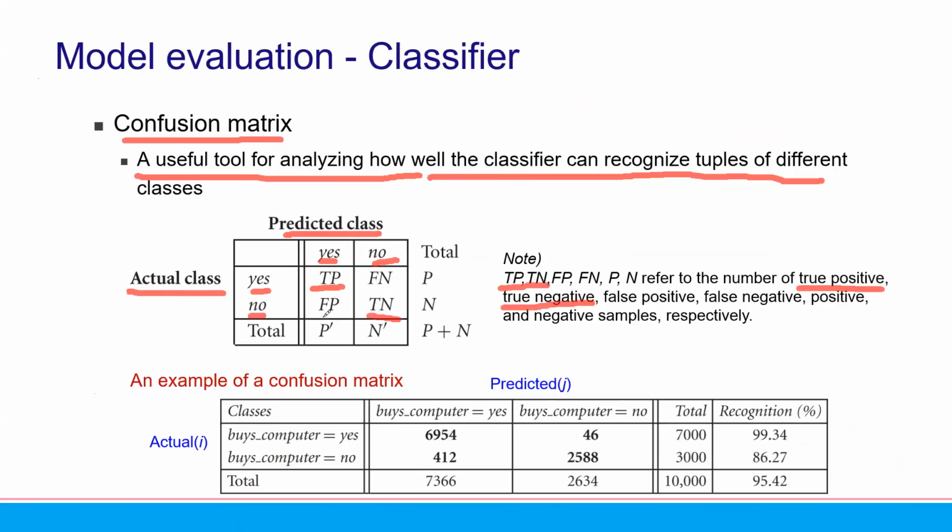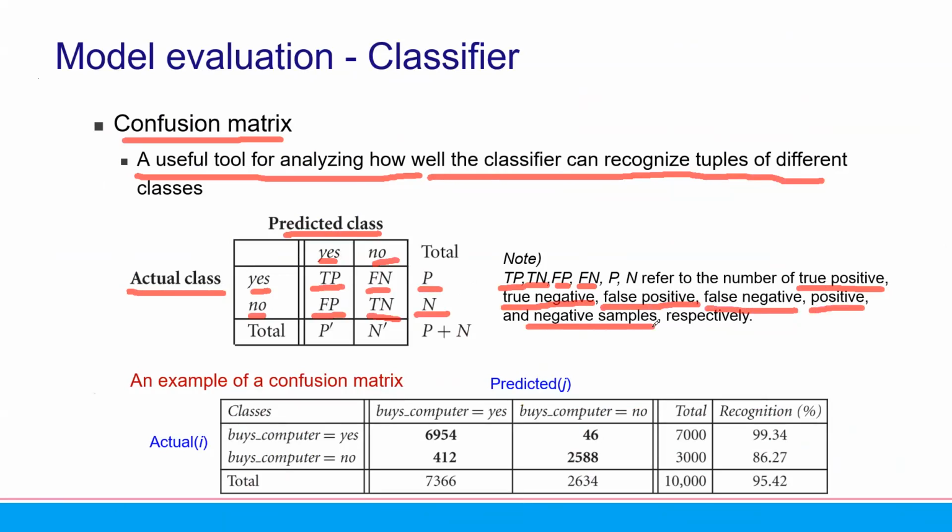We have FP, we call this false positive. We have FN, we call this false negative. We have P, we call it positive, and we have N, we call it the negative samples.